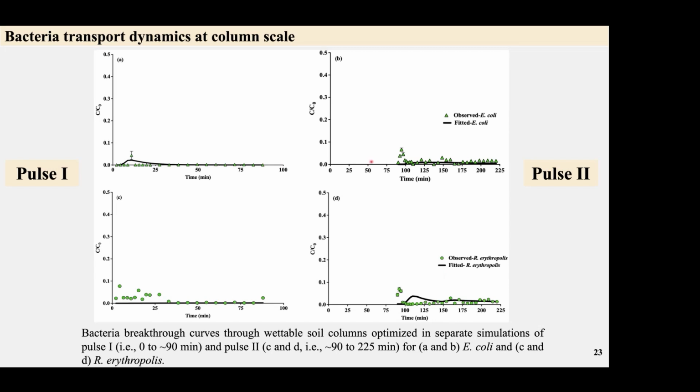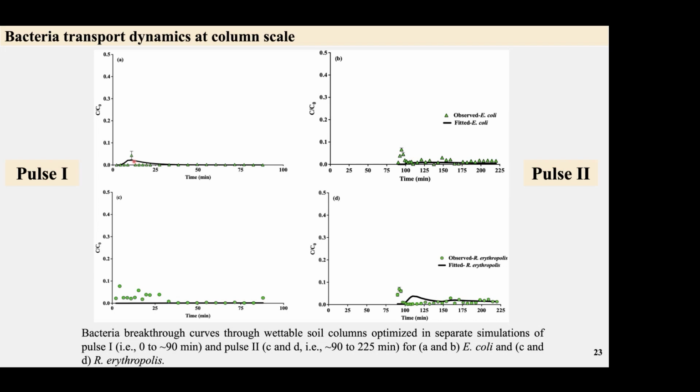Here we have modeling for wettable soil only, for E. coli in the upper figures and Rhodococcus in the lower figures. The modeling was okay, though I believe it was only 50%, but our statistical analysis shows that it is promising, good enough, and can be trusted in terms of data and validation.